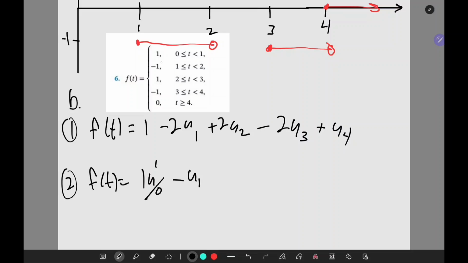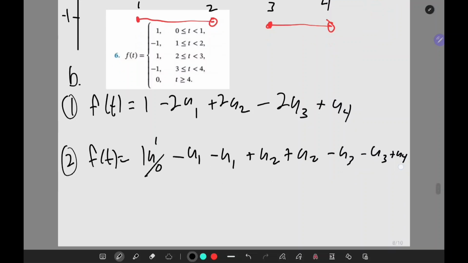We have minus u of 1, signs flipped for the second one, plus u of 2. We have plus u of 2, minus u of 3. We have minus u of 3, and we have plus u of 4. And the 0, that's just nothing.